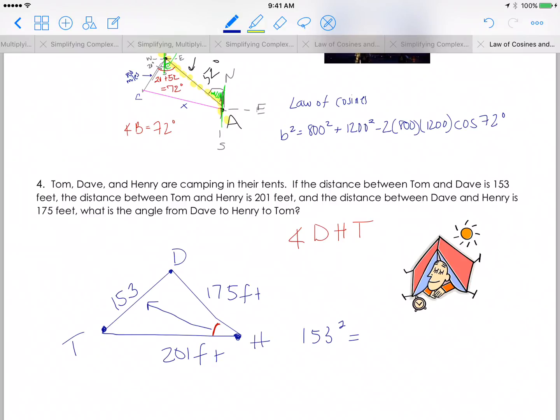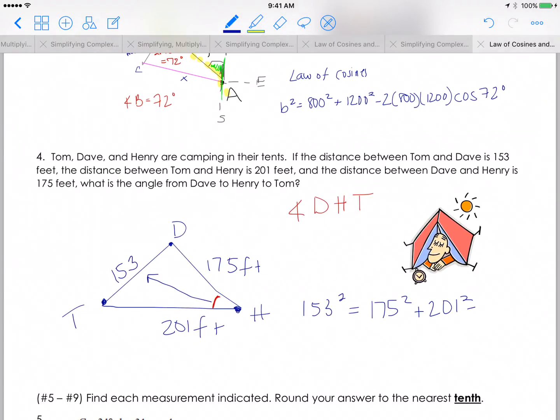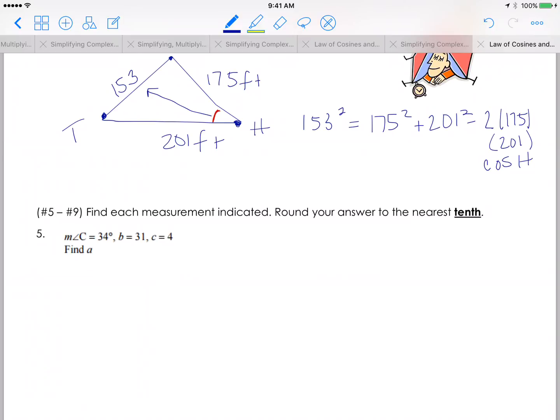So 153 squared is equal to the sum of the other sides squared, minus 2 times the others, that should be 201 times the cosine of angle H. I'll work this out for you later also and upload that. But at least that gets you started and shows you how to draw the pictures. Once you draw the pictures, then you can use law of cosines to work them out.